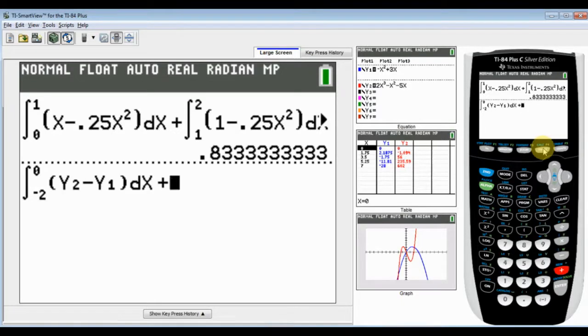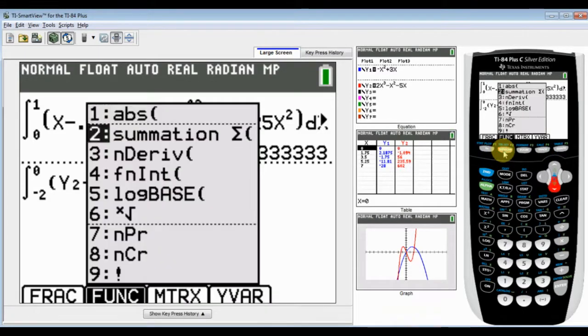Yours is going to be vars, y vars, function, y1.